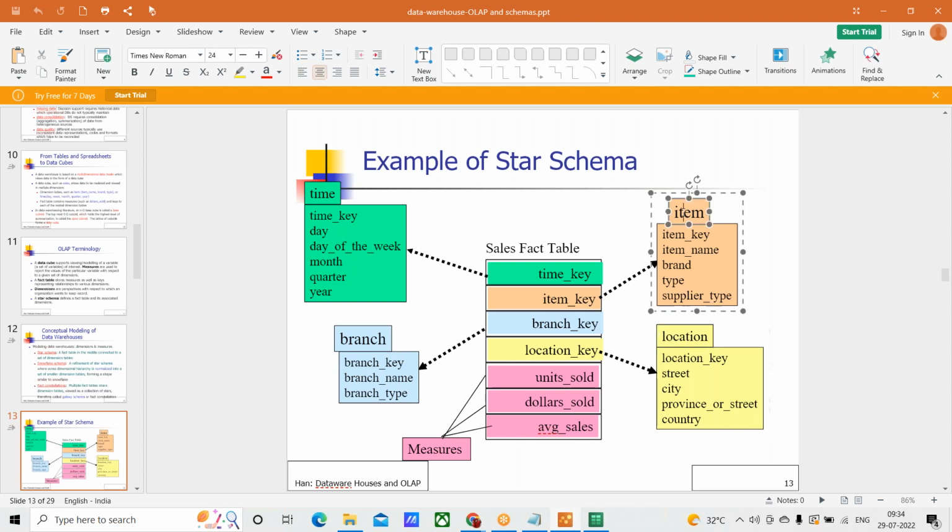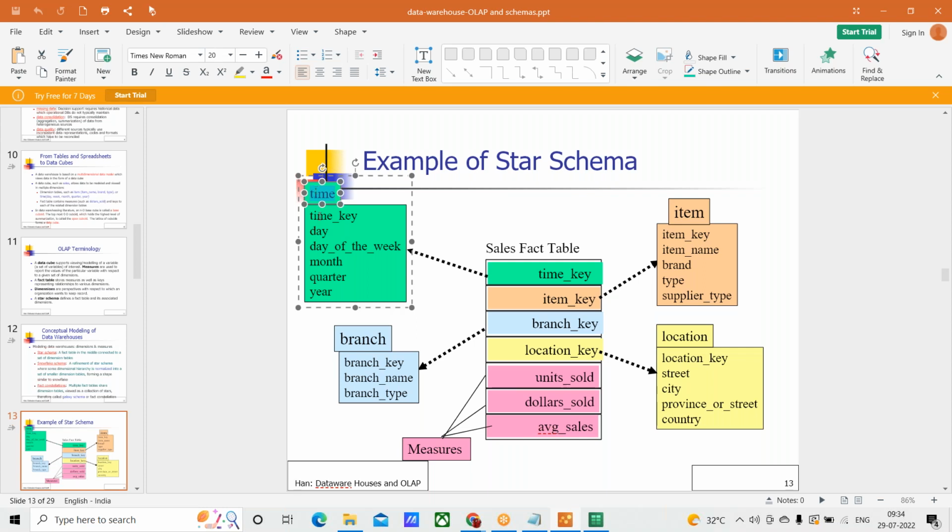For example, in the case of a retail market, we have item key, item name, brand type, supplier type, and so on. In the case of branches, if it is a multi-region business, then branch key, branch name, type, and these things. But these are the dimensions which are common in both star schema and Snowflake, at the highest level.